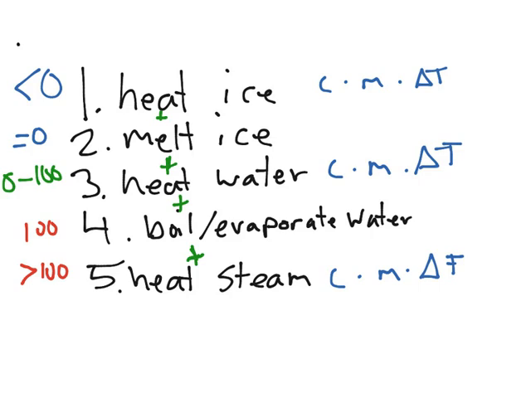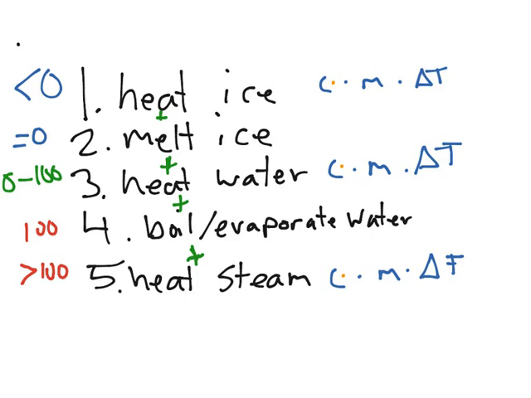Each of those masses is going to be the same in any given problem, but the C is going to be different for the ice, the water, and the steam. As I gave you on that reference sheet, the specific heat for ice is 2.1, for water is 4.184, and for steam is 1.996.